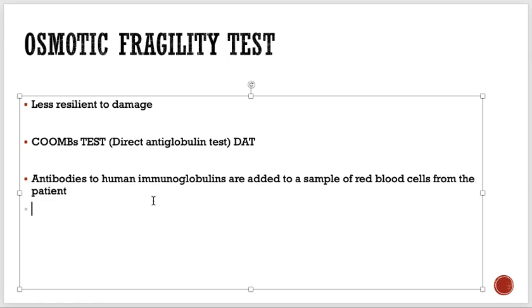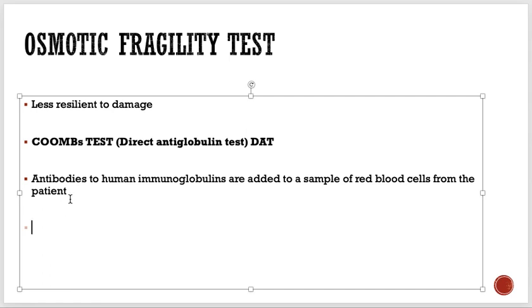Now, if the red blood cells are coated in antibodies, for example, if the patient has autoimmune anemia. So what is autoimmune? Of course, antibodies are there, right? In autoimmune, the patient's RBCs are coated with what? Antibodies.